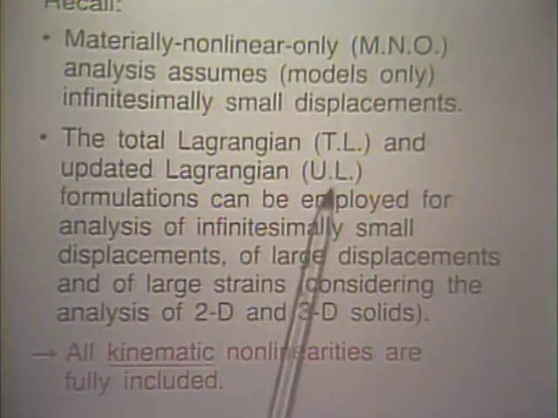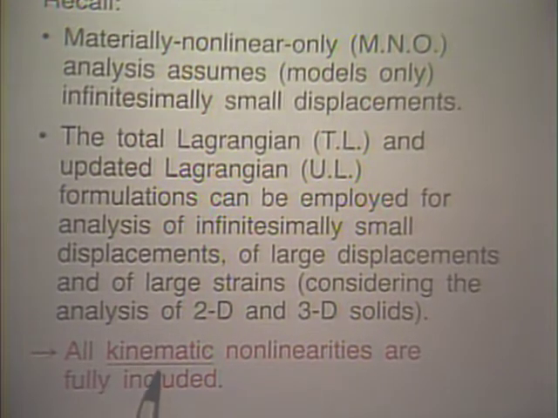Of course, whether the formulation will actually be applicable to model a particular problem will also depend on whether we use and have the right constitutive relation for that problem. And that is an aspect that we will concentrate on now in this and the following lectures. But notice that kinematically, these formulations include all nonlinearities.